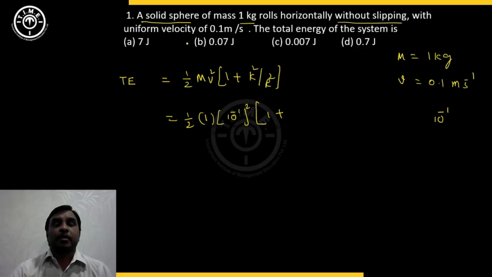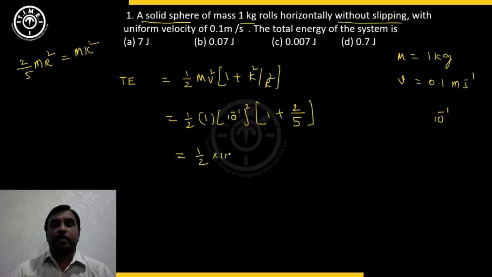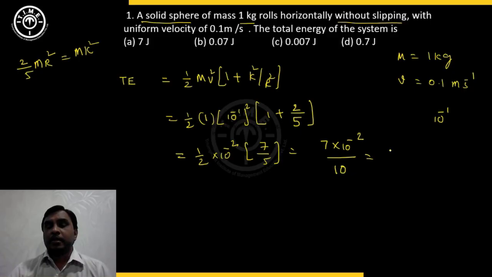The moment of inertia of a solid sphere is 2 by 5 mr square, which is equal to mk square. So k square by r square you can write as 2 by 5. Upon simplification, 1 by 2, 10 power minus 2, into 7 by 5. So you can write 7 into 10 power minus 2 divided by 5 into 2, so you can write as 7 into 10 power minus 3.